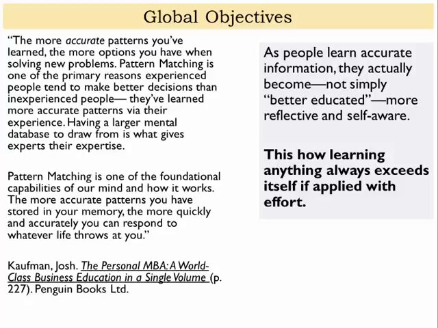So, as I stated in the box on the right hand side, this is how learning anything always exceeds itself if applied with effort. And what I mean there is to state that learning information provides abilities beyond the cognitive acquisition of intellectual information. So when we learn things, we don't simply learn information.